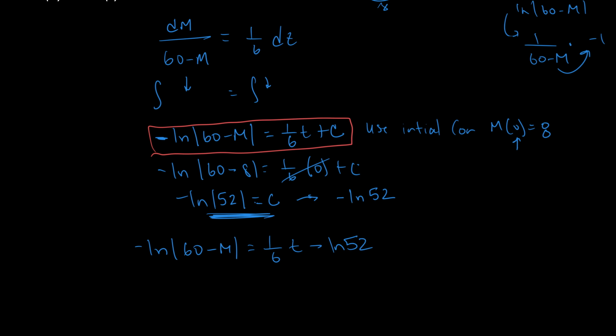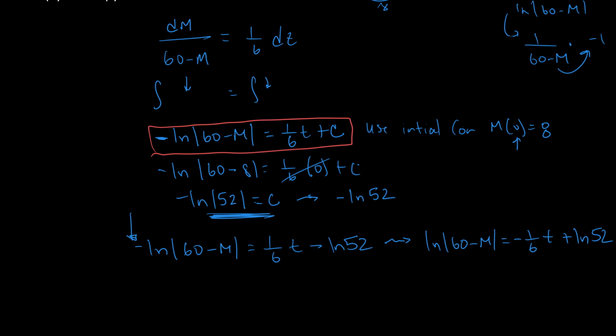Now cleaning this up, I'm going to take this negative over to the other side. It's much easier if we work at it this way. I'll write it here on the side: ln of the absolute value of 60 minus m equals negative 1/6 t plus the ln of 52.